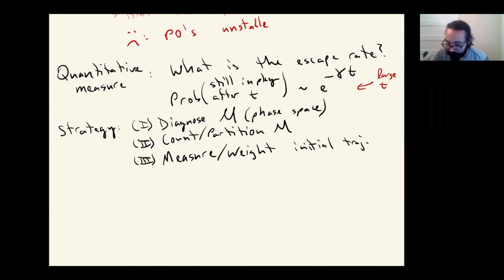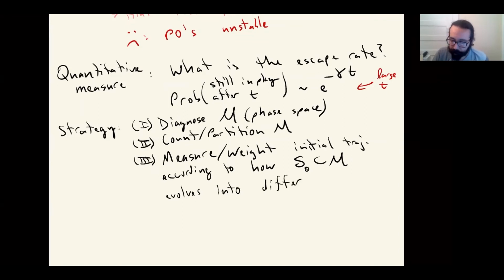So we weight them according to how our initial phase space region, so I'm going to call phase space regions S, our original phase space region S naught, which is some subset of phase space, evolves into different cells that we counted in part 2.